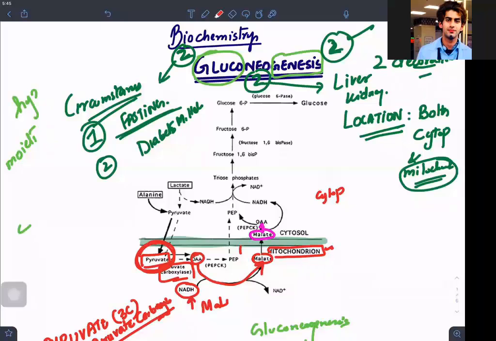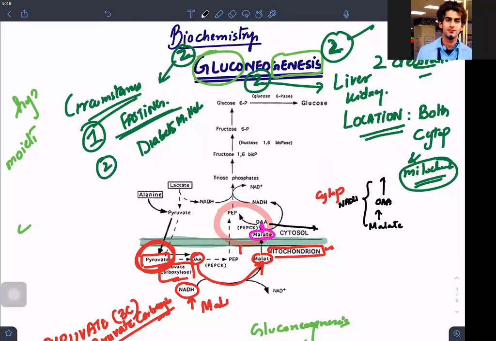So while coming from malate to oxaloacetate, we are producing NADH.